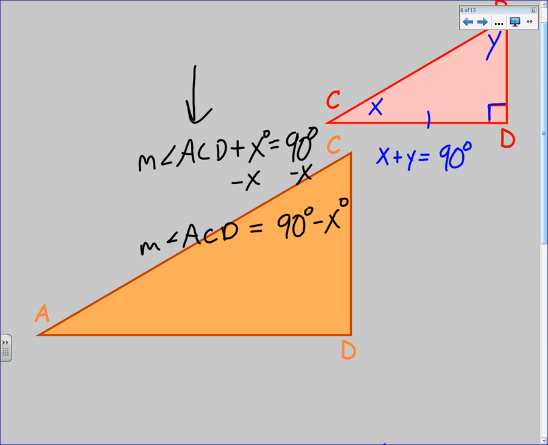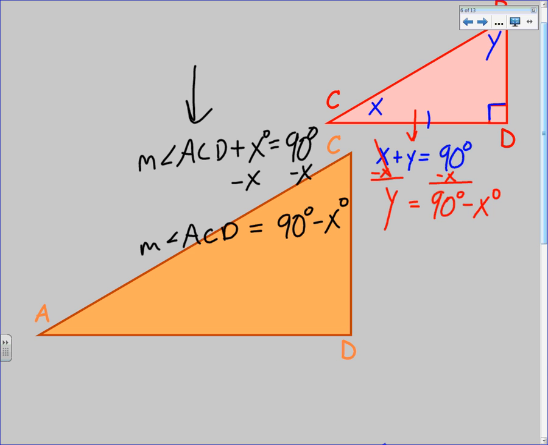Okay. Now, what about over here? What if I want to get y by itself? Well, subtract x from both sides. And so now we're left with y is equal to 90 degrees minus x degrees.